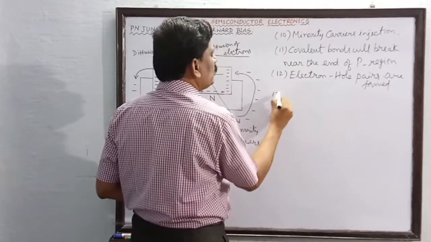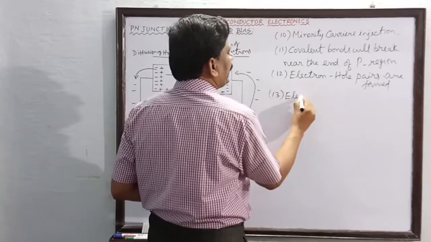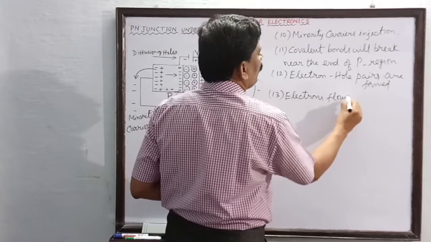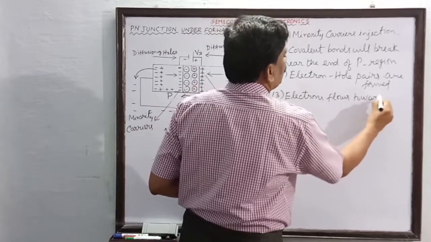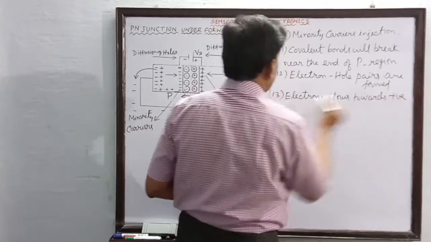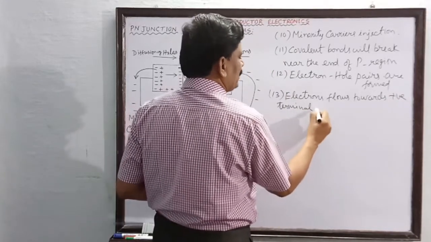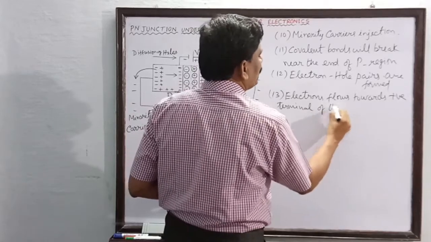And what happens to these electrons? Electrons flow towards the positive terminal of the battery. Okay, students? Because electrons are negatively charged.